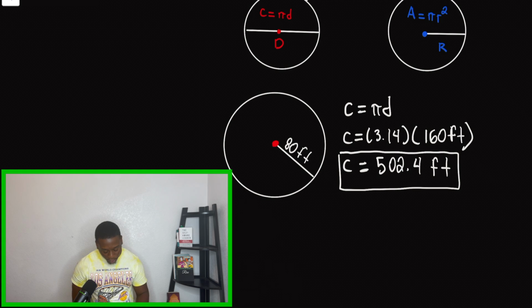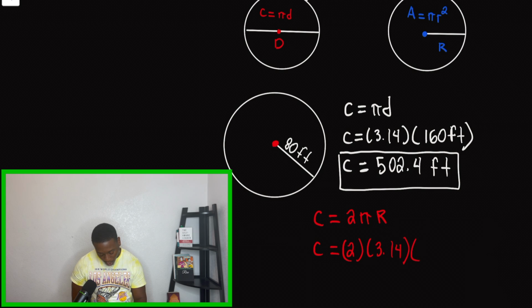So what I'm going to do is I'm going to switch over to red. And now we're going to use the other formula and solve. So now we have circumference is equal to 2 times pi times r, right? And once we go through and we start to substitute and multiply, our equation should look like what I have on our screen, right?